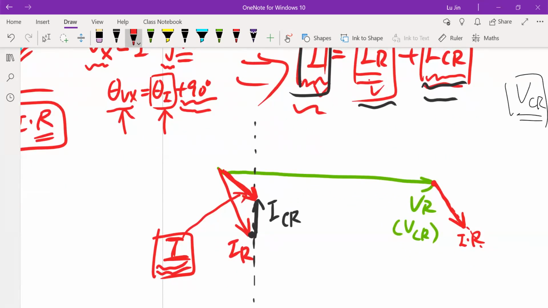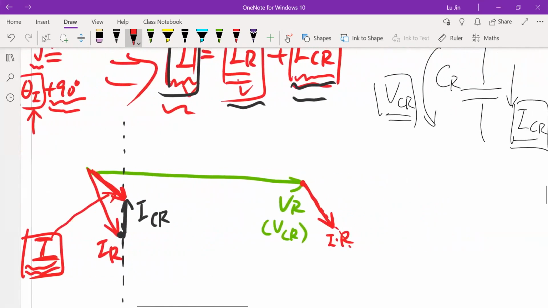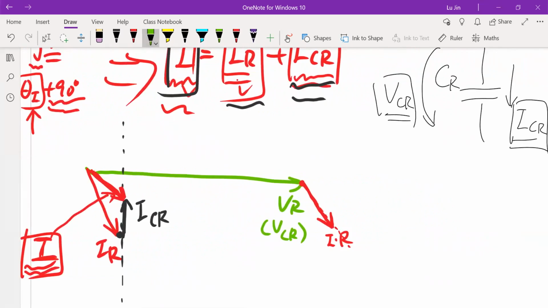Now, 90 degrees leading than this will give you, I'm using a green pen, this. This angle is 90 degrees because of that J, okay? And the size of this new green color vector is, I think, I by XL.